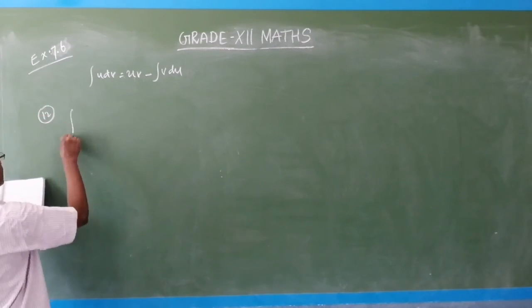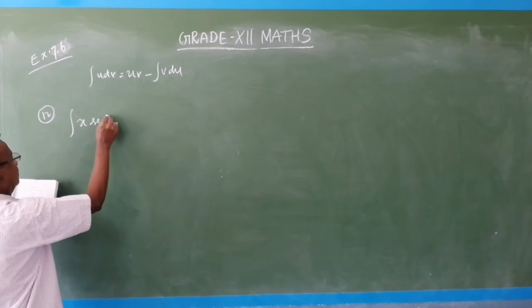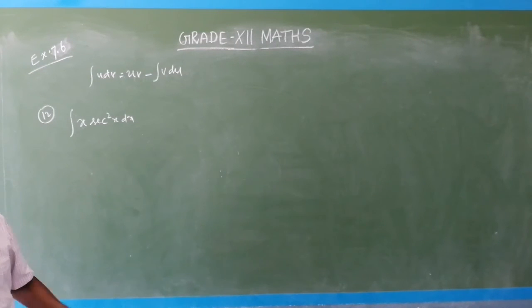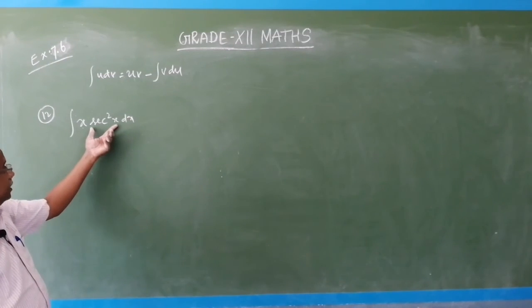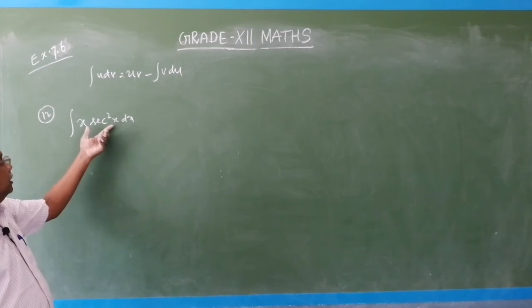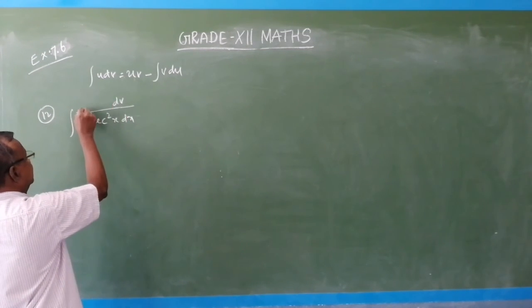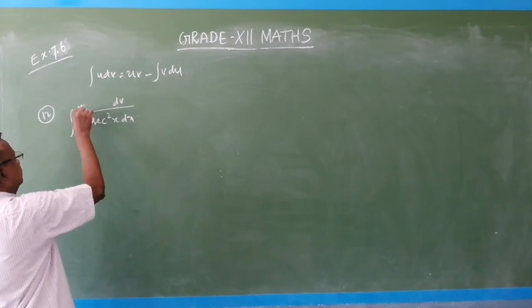We have integral x into secant square x into dx. We have the integral of secant square x, you know. So, take this as dv and x can be taken as u.